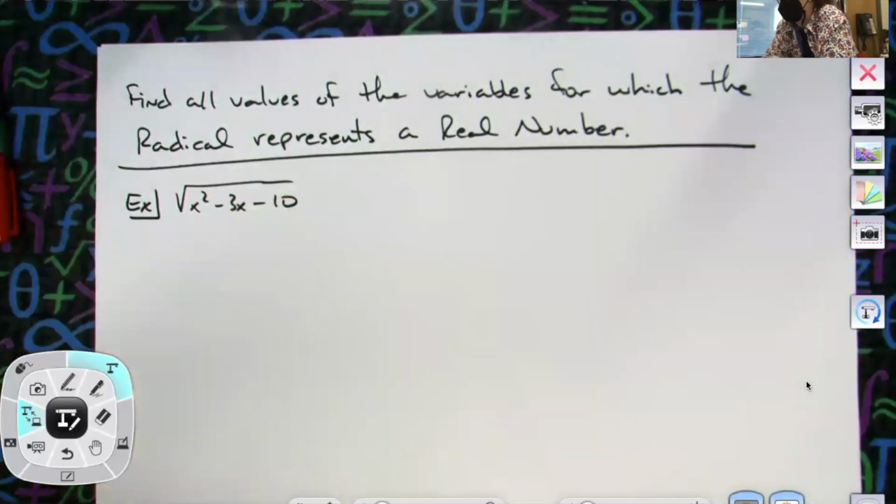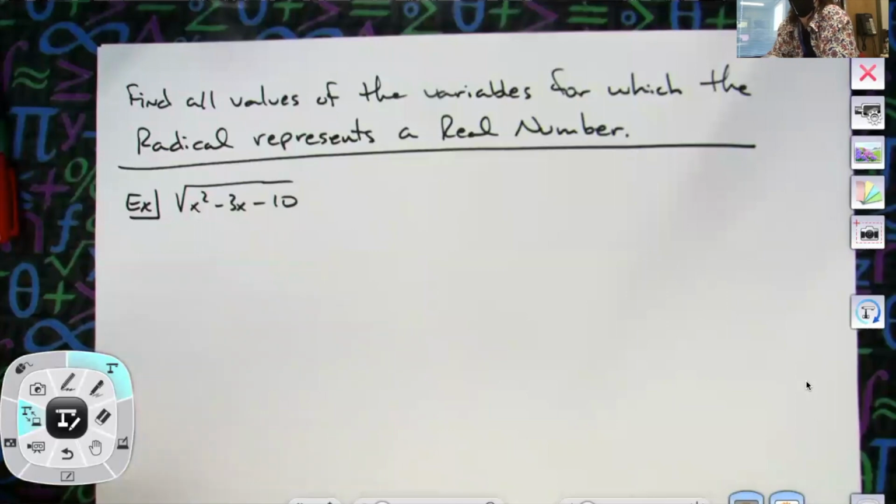So it is a square root, but it's a square root of a quadratic polynomial. Find all values of the variables for which the radical represents a real number. If I take the square root of a positive number, do I get a real number?